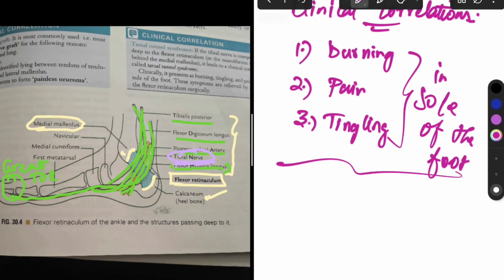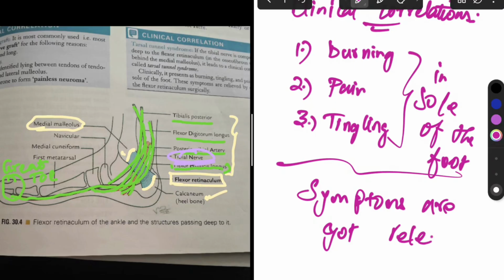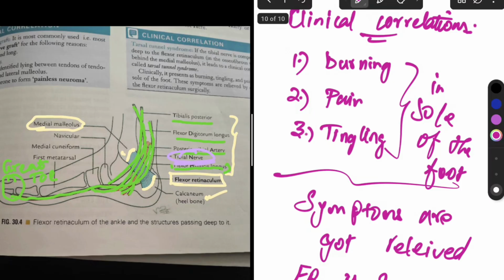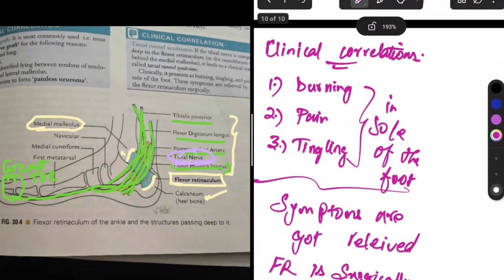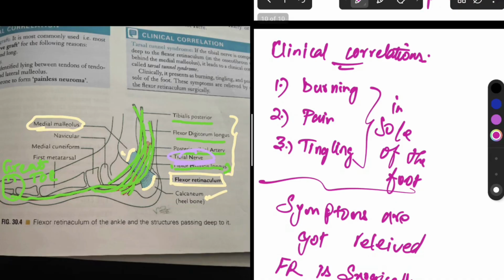These symptoms get relieved when the flexor retinaculum is surgically divided. So that's all for the flexor retinaculum. In this video, we have clearly seen the flexor retinaculum in detail.